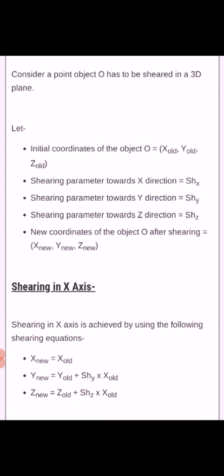When the shearing is in x-axis, the x new coordinate will be the same as the x old coordinate. There is no change in x coordinate values. The change happens in y coordinates and z coordinates. So y new equals y old plus shy into x old.